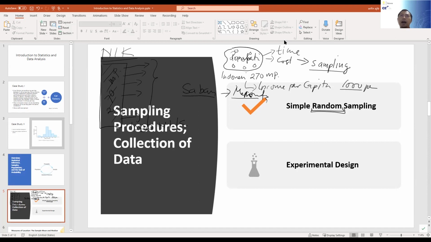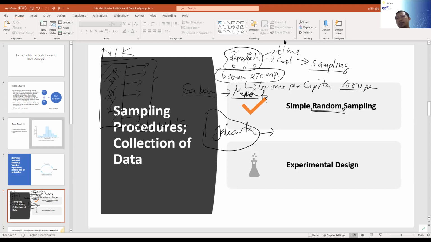Maybe somebody is asking about what kind of criteria does not fulfill the randomness. For example, we want to say the Indonesian people for income per capita, but we only take the sample in Jakarta.